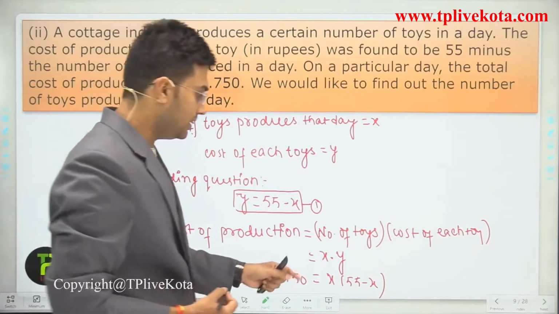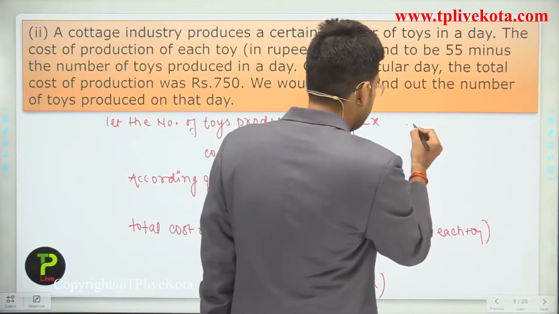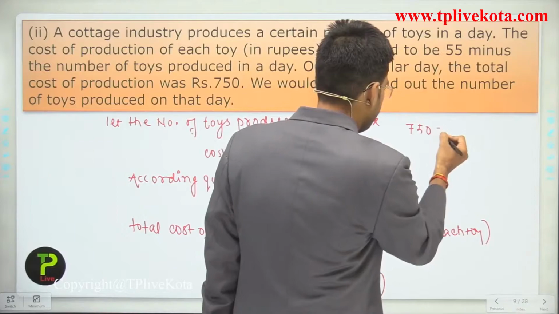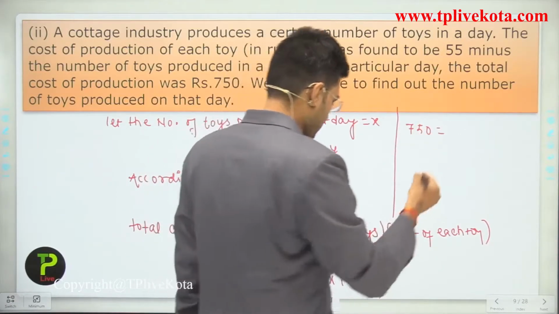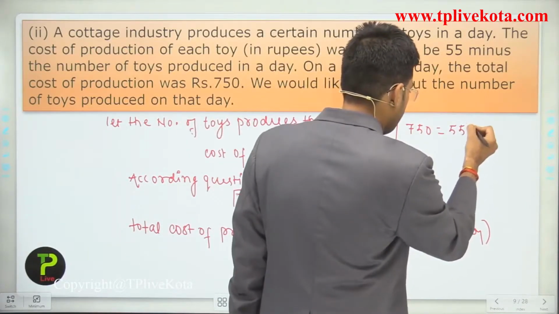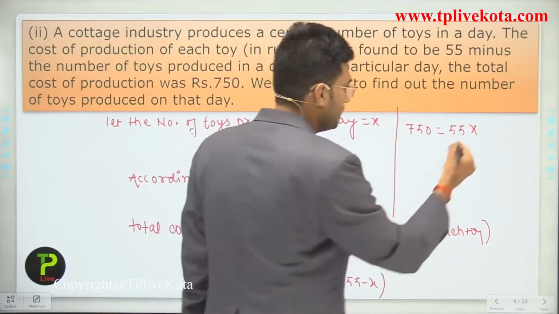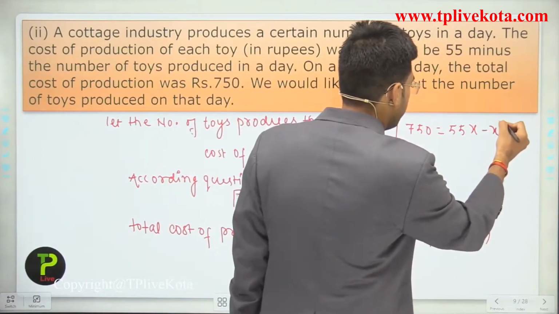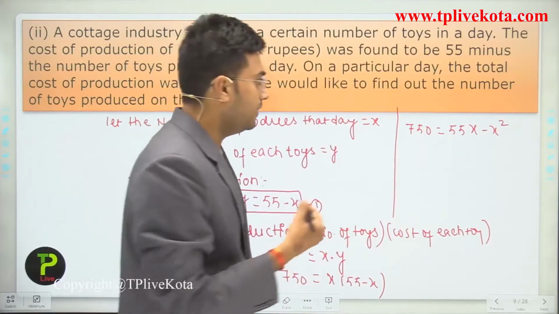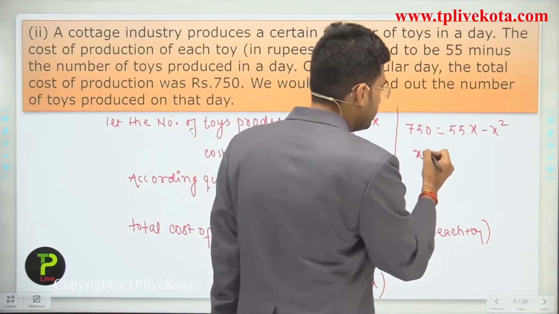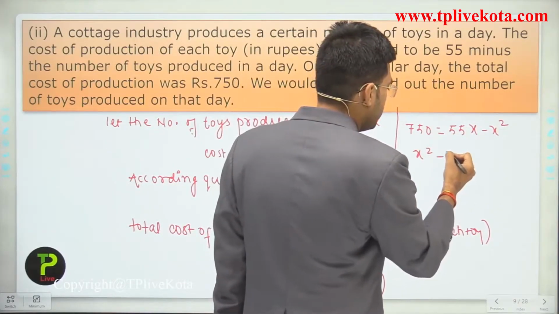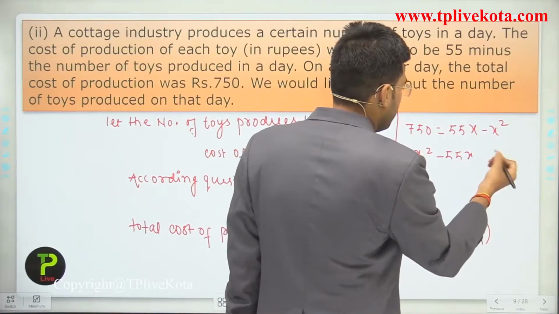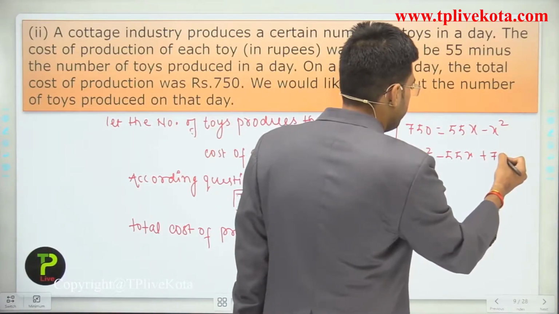So when we solve this, what will we get? We will get 750 is equal to 55x minus x square. Or we can write it as x square minus 55x plus 750.